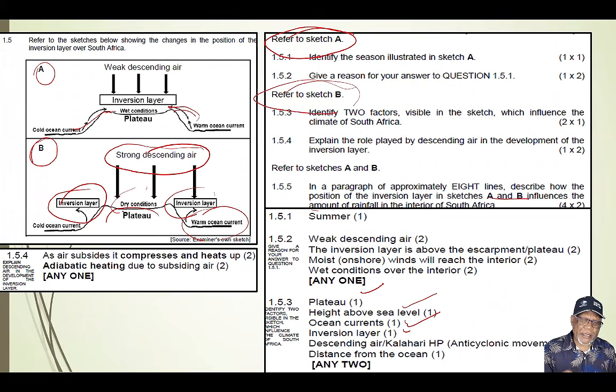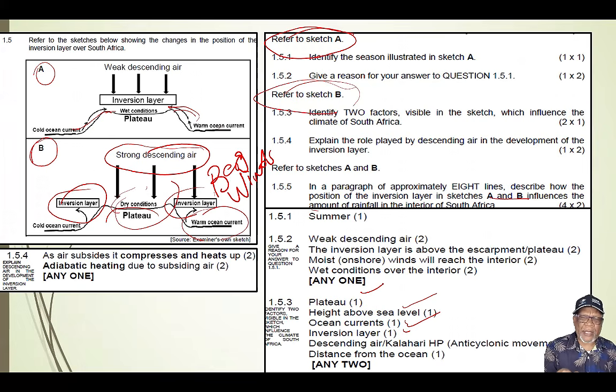So in this condition, this is where we're going to get your berg winds, in diagram B. The air is subsiding and blowing from the interior to the coast. Because the air is blowing from dry land, there is going to be a limited amount of rainfall.